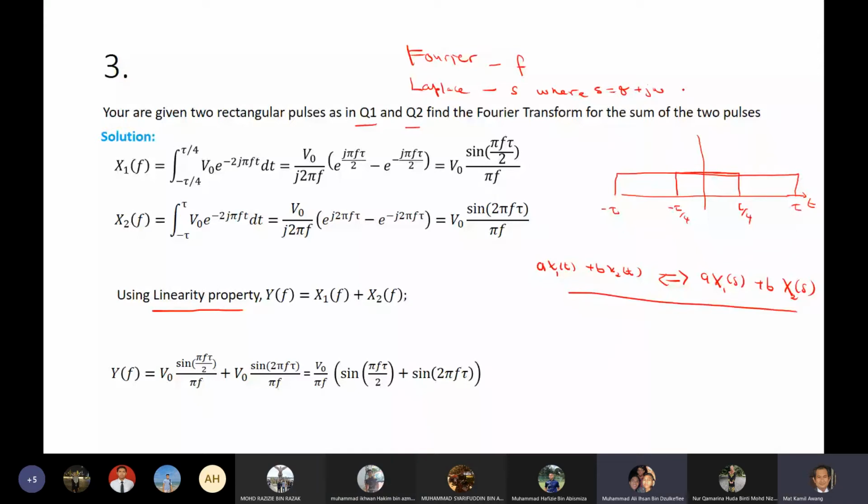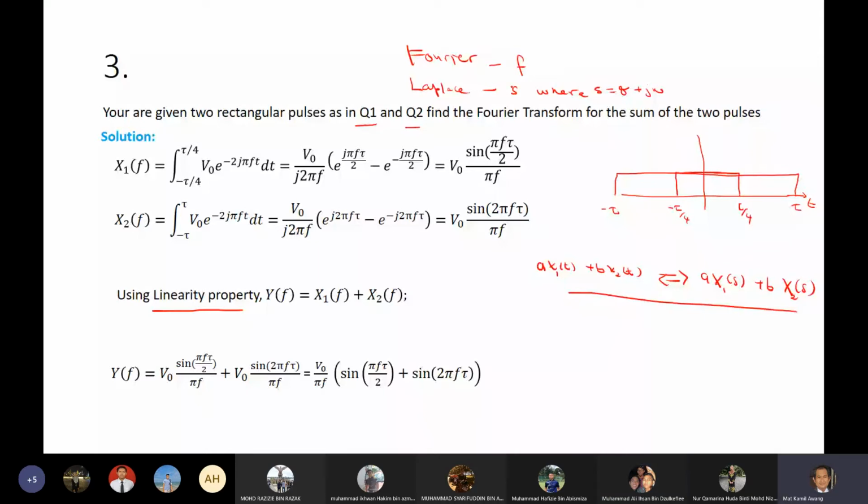Fourier is what, 2 pi? No, this is j omega. Okay, so basically Laplace is F(s), Fourier is F.